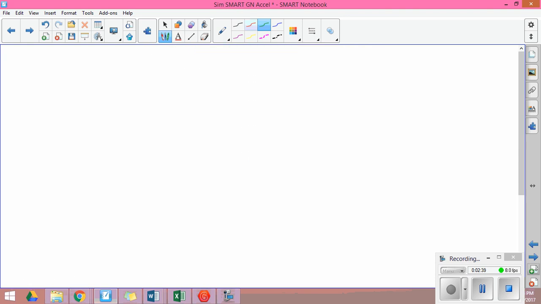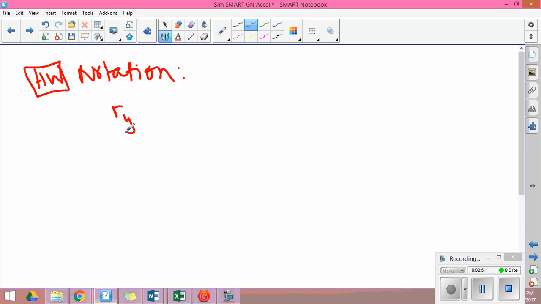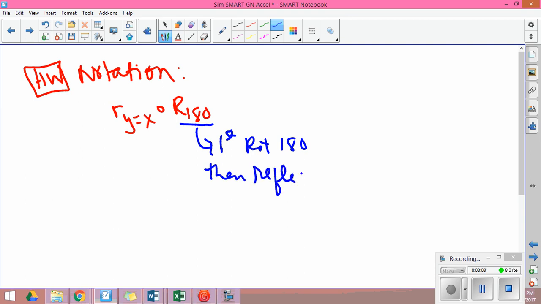One other quick homework notation: you'll see some additional notation in the homework particularly. You're going to see something like r of y equals x, little circle, composed with r of 180. This is a composite reflection where first you rotate 180, then reflect over y equals x. So we work inside out when we do these compositions.